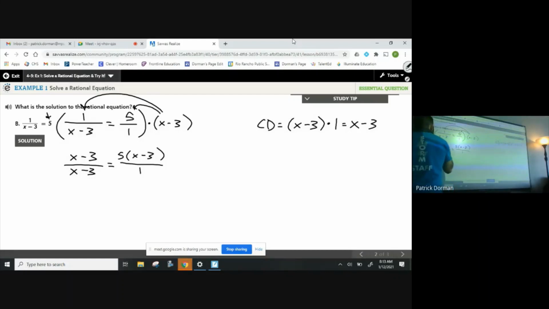X minus 3 divided by x minus 3 is 1. So we'll leave that as a 1. And now we'll distribute the 5. 5 times x is 5x. 5 times negative 3 is negative 15. Let's add 15 to both sides and divide both sides by 5.